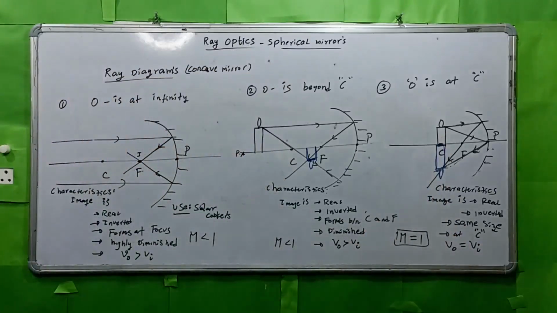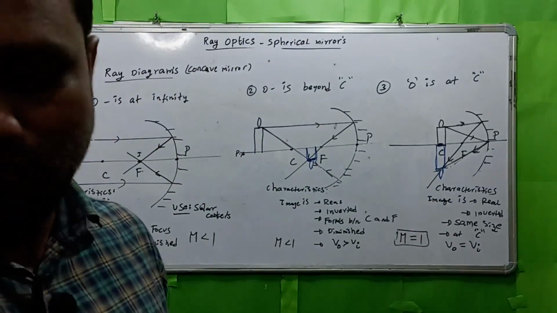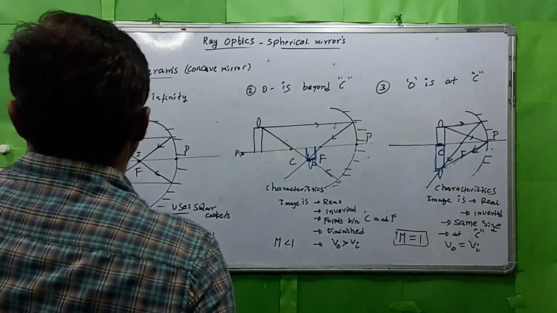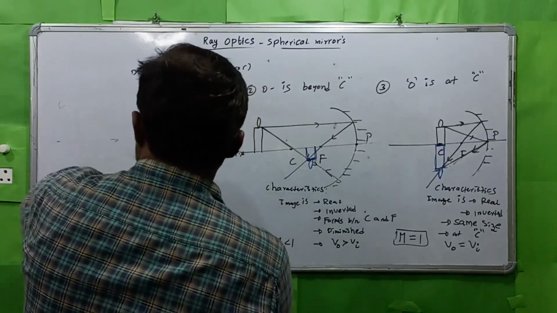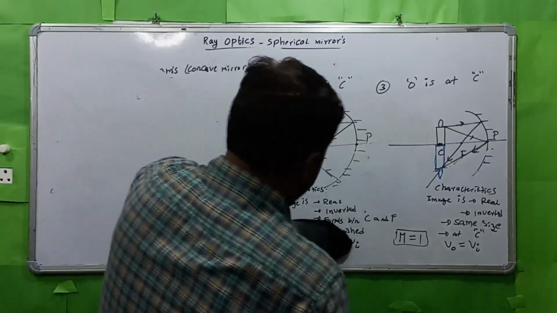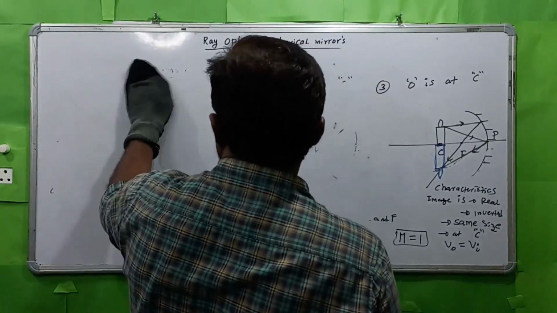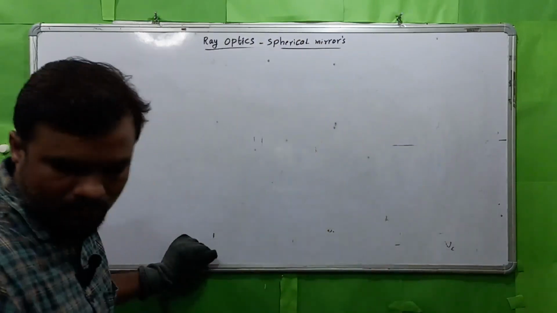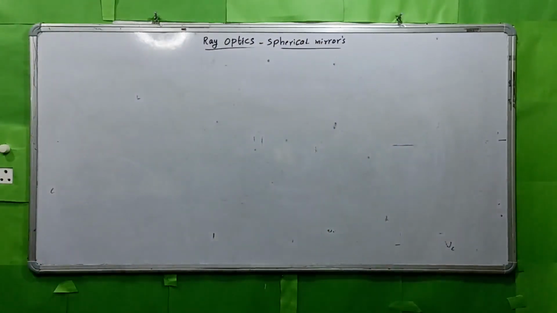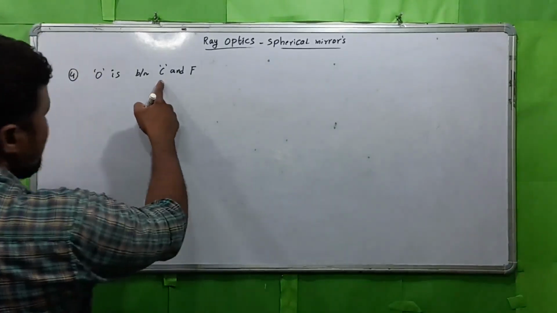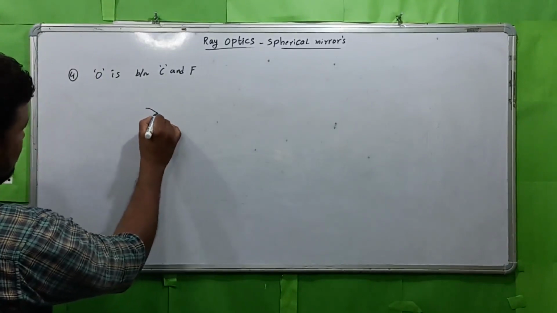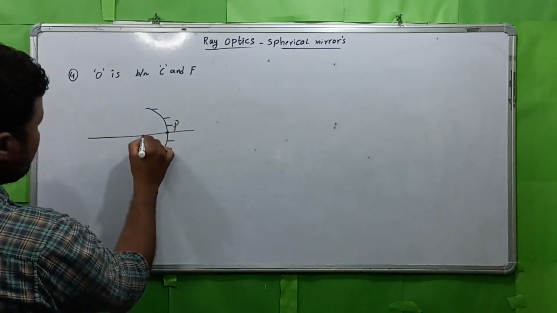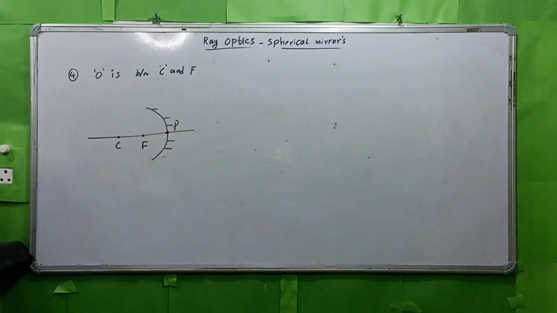Now we will draw the next diagram. Object is between center of curvature and focus. Pole, focus, center of curvature.